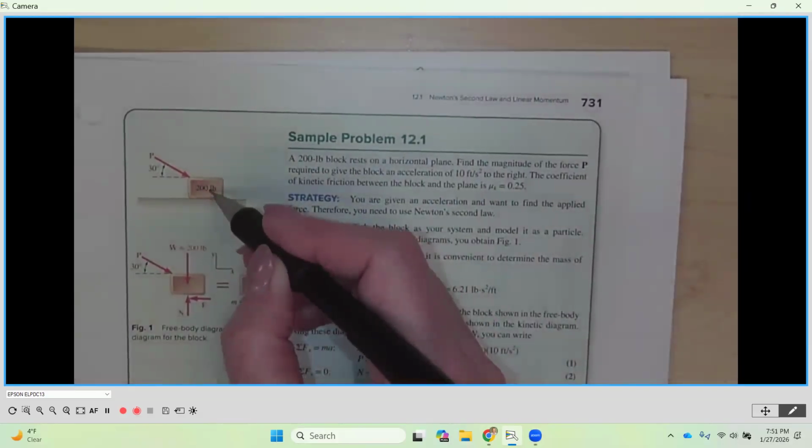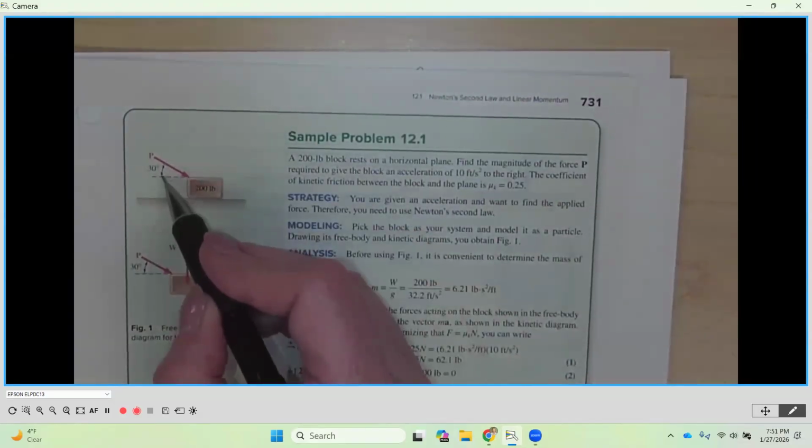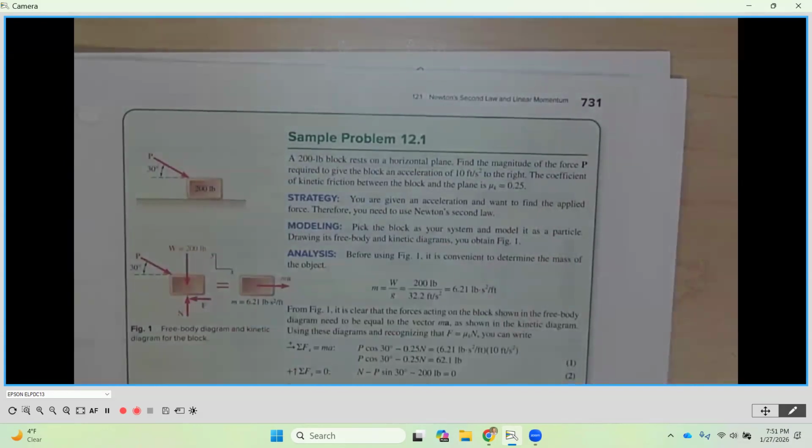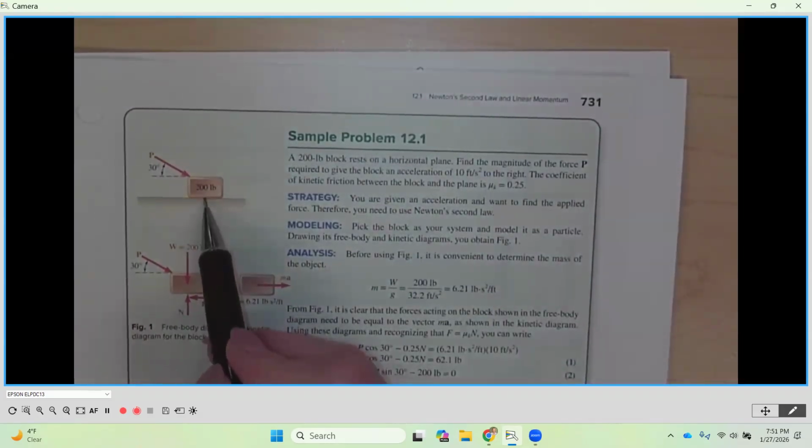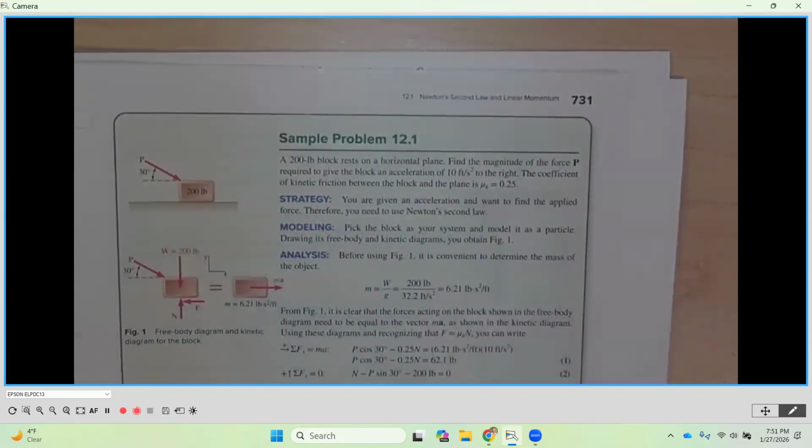The weight of our block is 150. So it went from 200 to 150. And then the angle is 40 degrees instead of 30. And I also am telling you that the coefficient of kinetic friction is 0.33. So it's a little bit different than the one that's here.